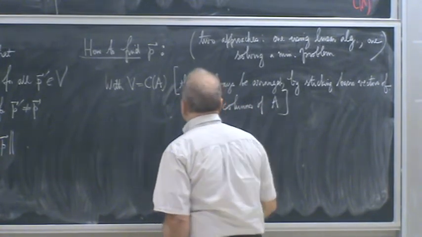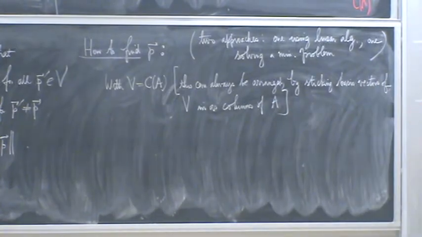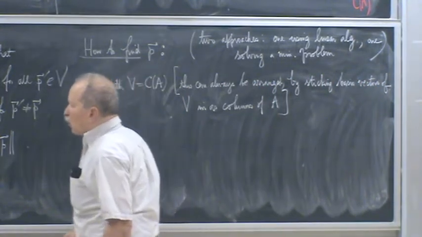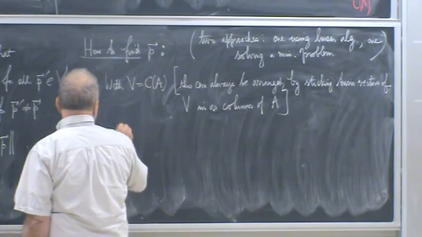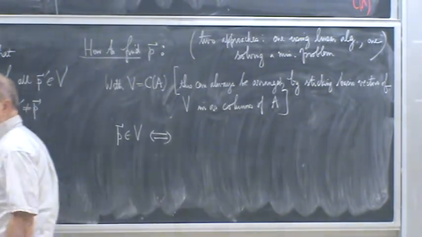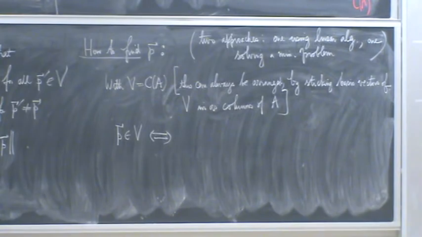Okay, so we could always start off assuming we're really trying to solve some inconsistent system of equations and make the matrix to be the basis for the subspace. So with V equals the column space of A, what does it mean to say P belongs to V? What's that equivalent to saying if V is the column space? It's in the span of the columns. Right, it's a linear combination of the columns of A. How do I write that?